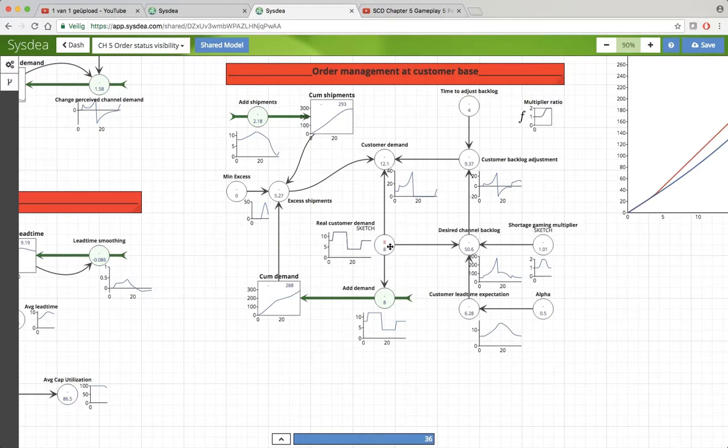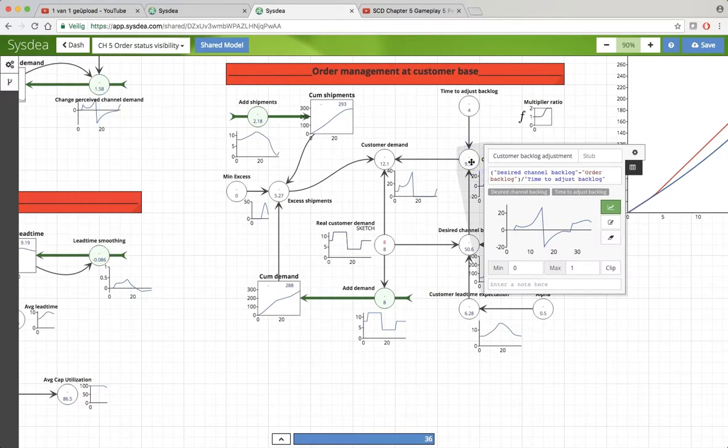So you have the normal real-time demand, you have the rational ordering ahead notion. When there's a longer lead time, you need to order longer ahead, and there's a real speculative behavior routine of shortage gaming. And all these then lead to a desired channel backlog, and the desired channel backlog is of course adjusted for the real order backlog.